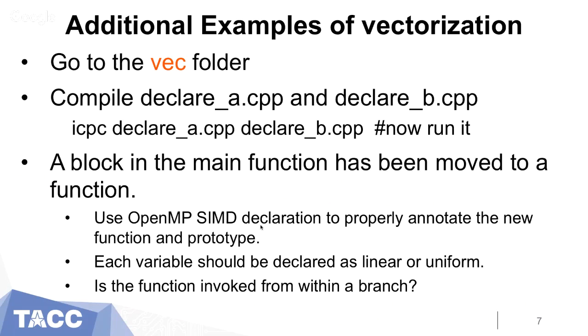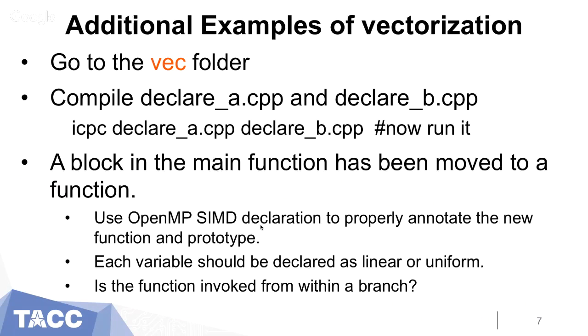So in the vector folder, you have to put the declare SIMD annotation in the function in file declare_B, and then in declare_A, where you have the loop, you have to declare it a SIMD loop, and there are comments in these codes to tell you what to do.